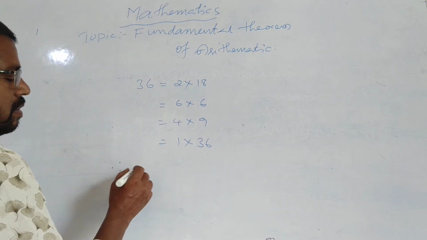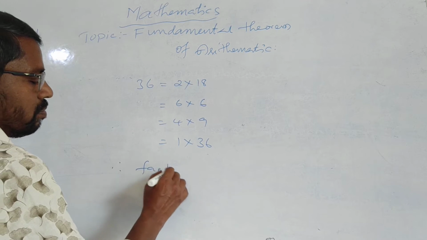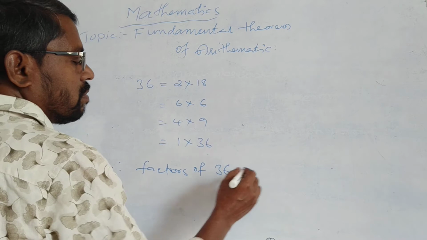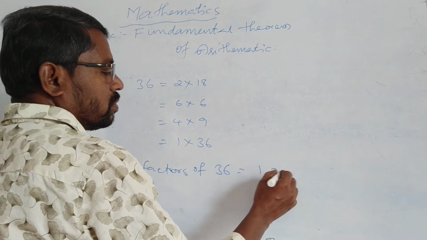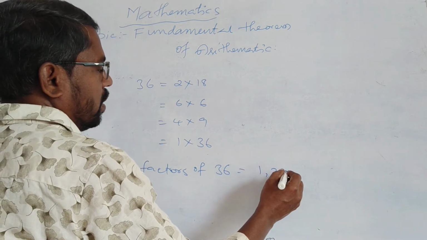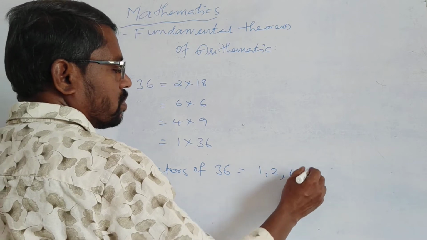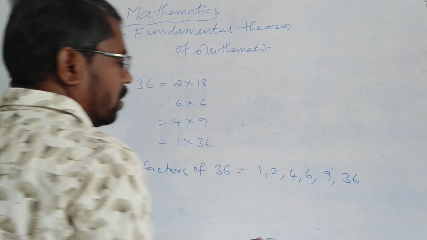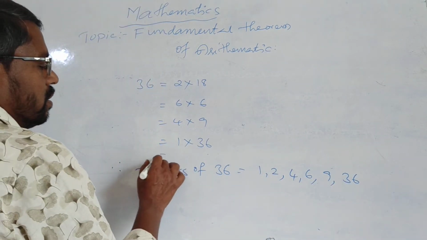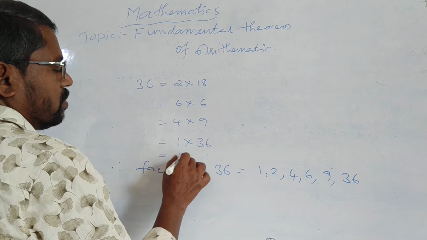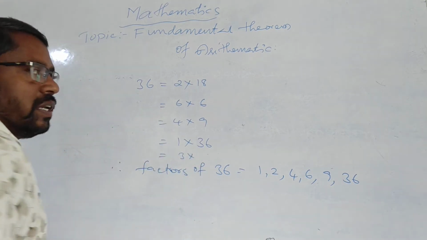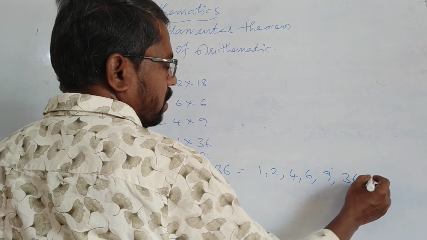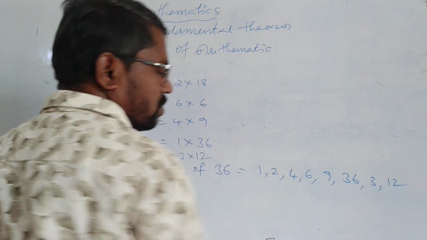Therefore, factors of 36 are 1, 2, 6, 4, 9, 36, and also 3 into 12, so we can add 3 and 12 also.